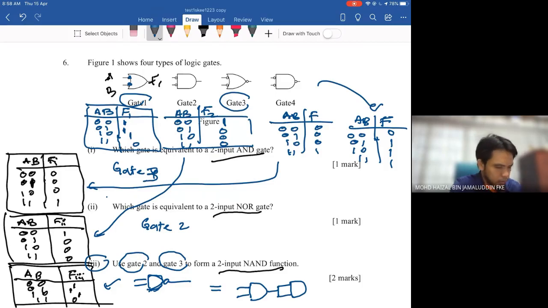Okay. So here, this one you need to think to use the transformation of... I am thinking now. One. Okay.